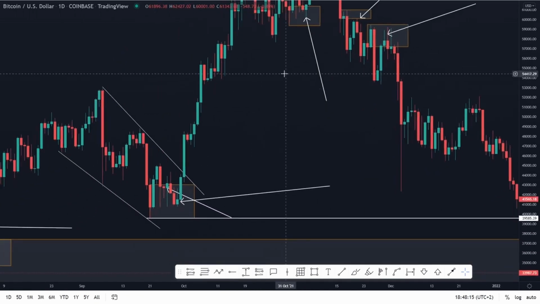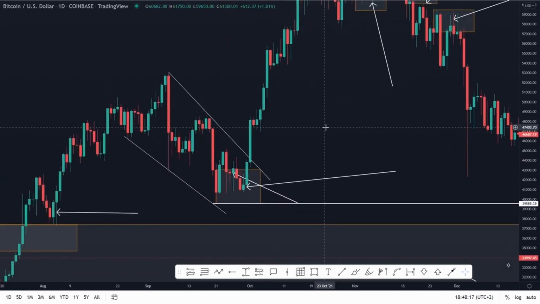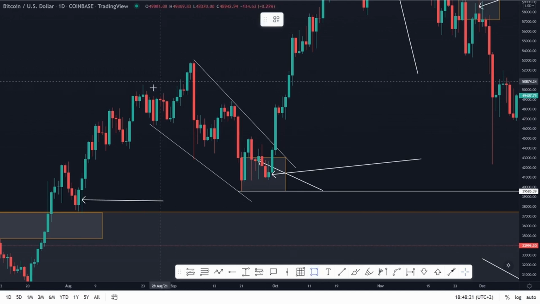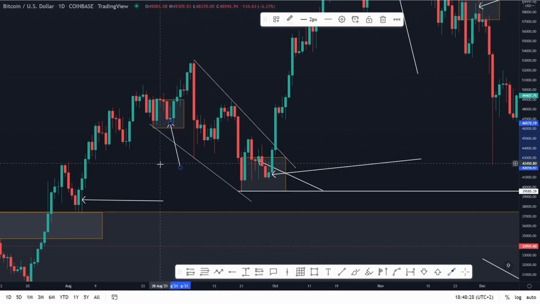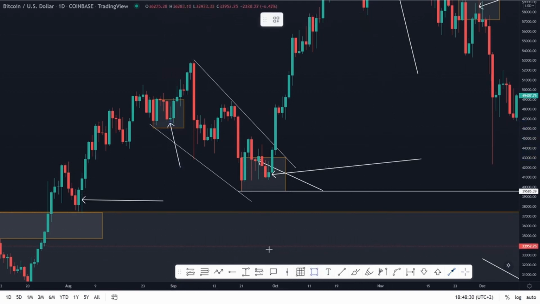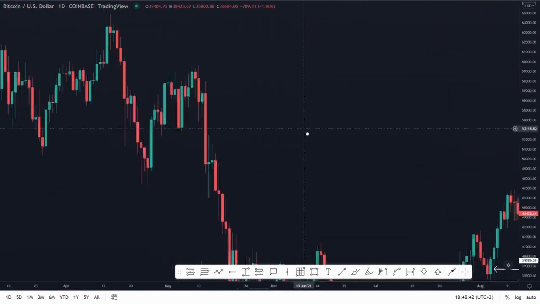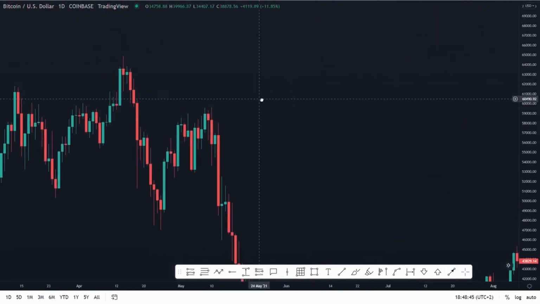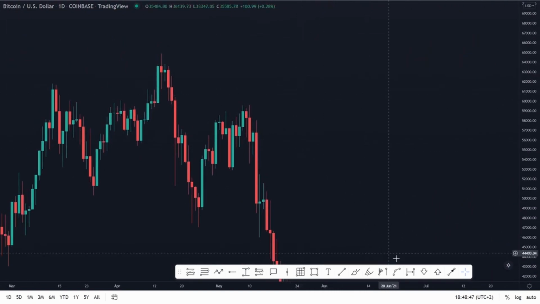There's a lot of them. We have another one over here, confirmation candle here. So you see, you can trade very easily using this.